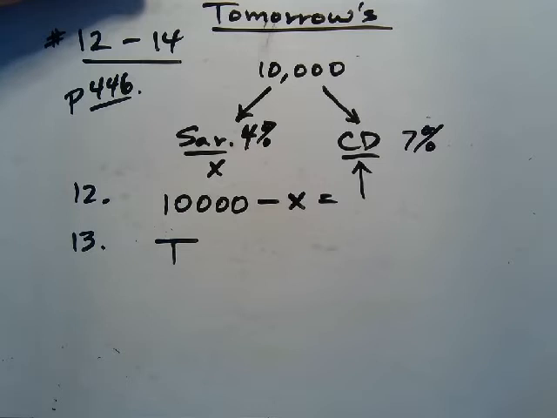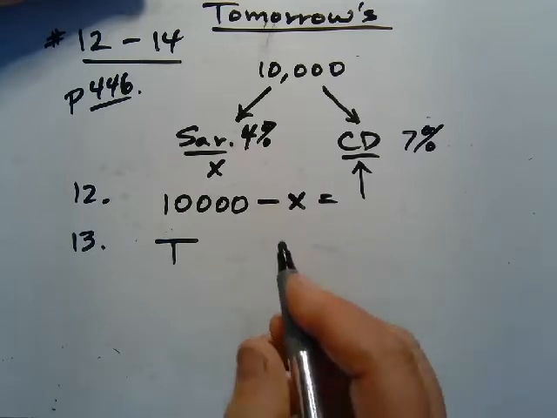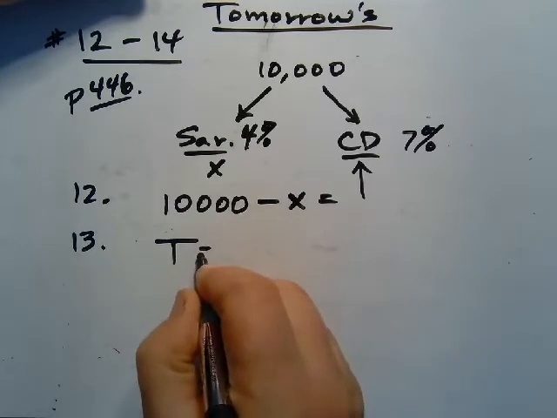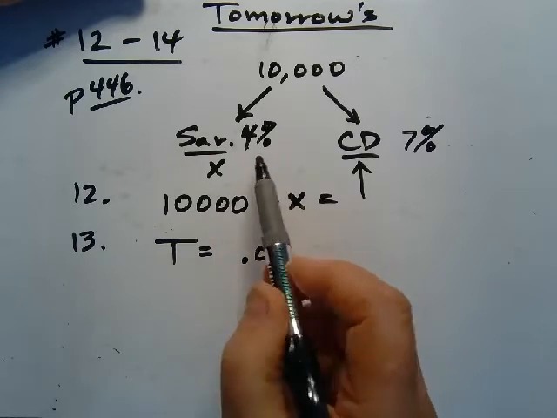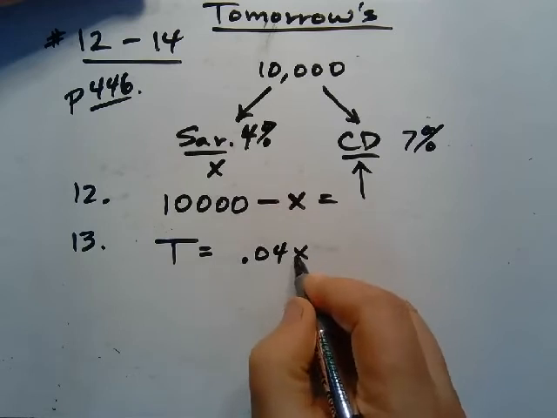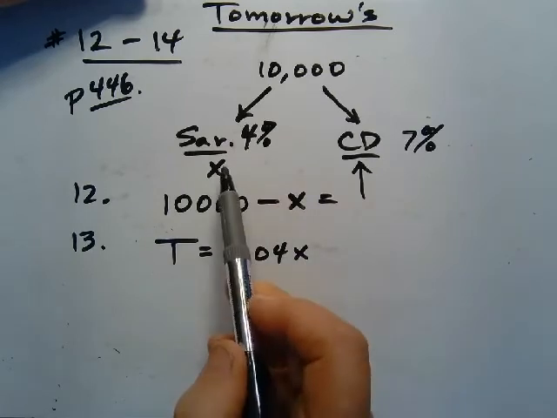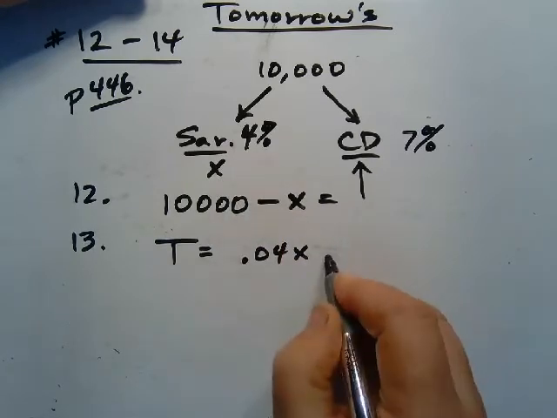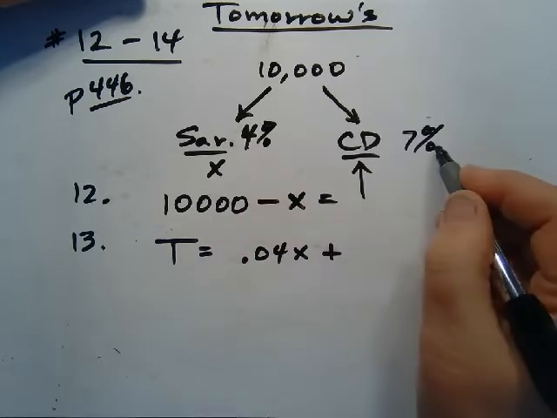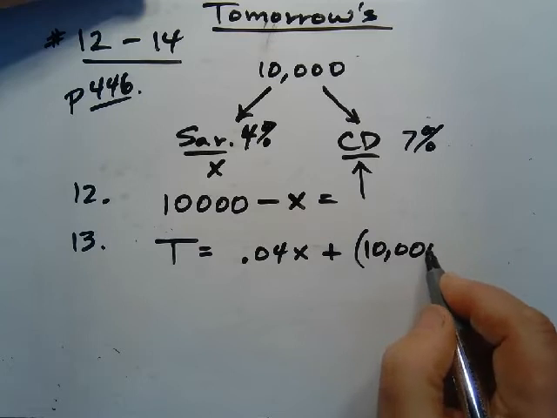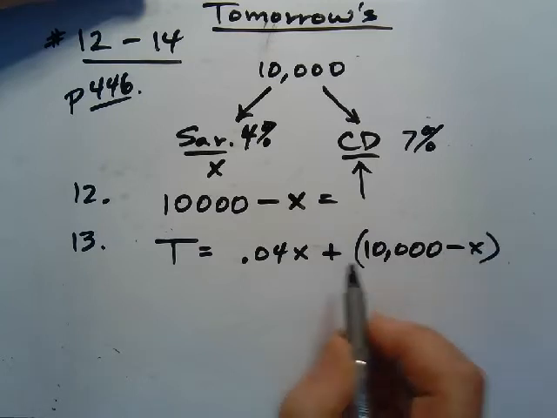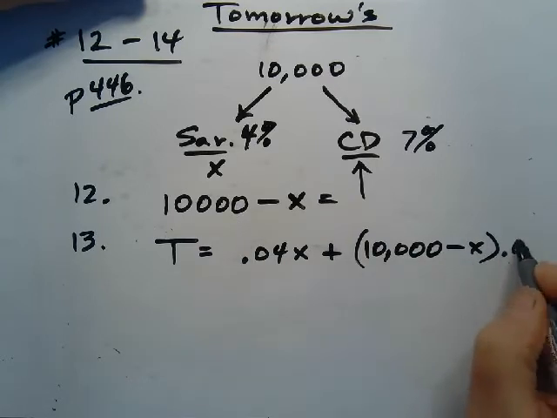Well, let's see now. Kenzie's going to make 4% on her savings account, right? 4% on her savings account, plus she's going to make 7% on her CD, and the CD is this expression that we just came up with.